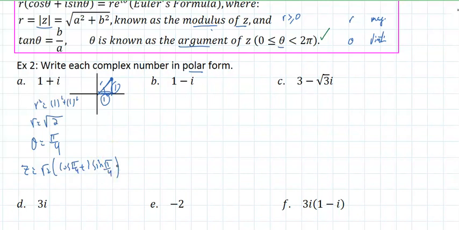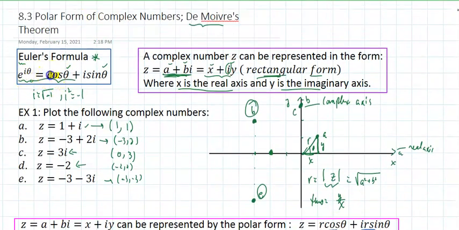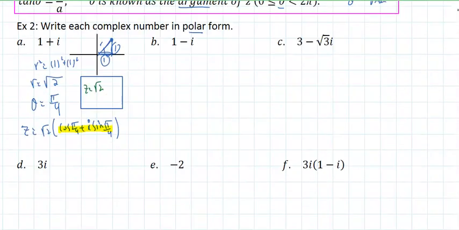And let me show you something that I think you're going to find very useful. That's going to save you memorizing 7 different formulas. By Euler's formula, cosine of an angle plus i times the sine of an angle is e to the i times that angle. This is e to the pi over 4 i.